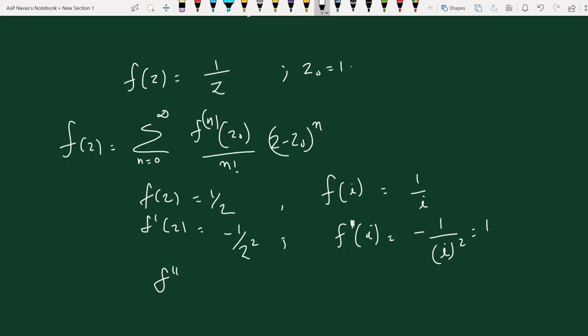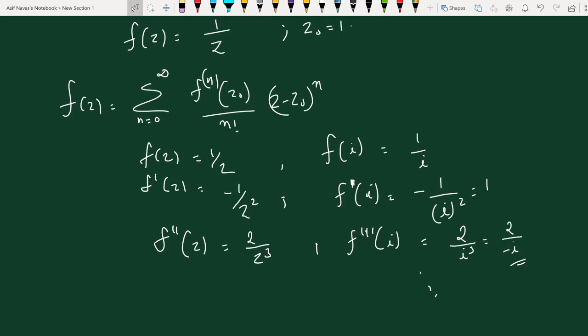Similarly, you find f double dash of z. This is 2 by z cube. Then f triple dash of I is equal to 2 by I cube, which is equal to 2 by minus I. And so on, you will get a pattern. Then you use this.